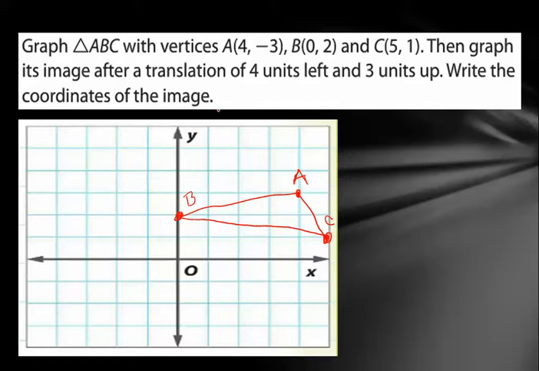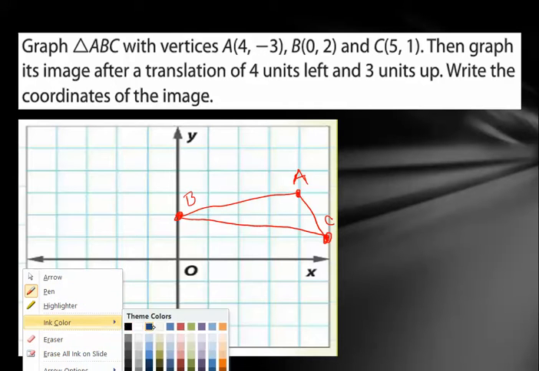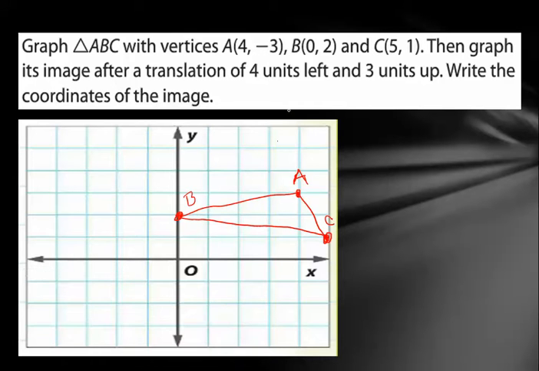So now we want to create a translation, and I'm going to put it in blue. They want us to move 4 units to the left and 3 units up. So each point we're going to move. For point A, to get A prime, I have to go 4 units to the left: 1, 2, 3, 4, and 3 units up: 1, 2, 3.